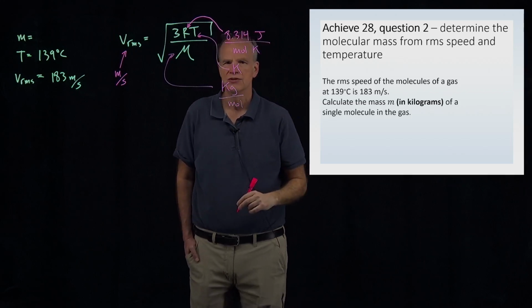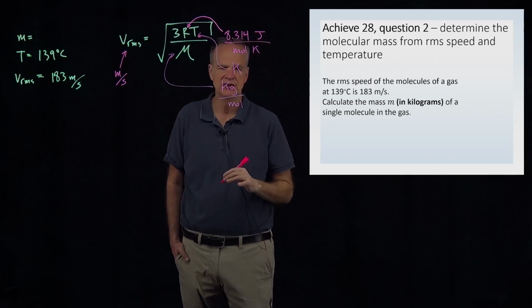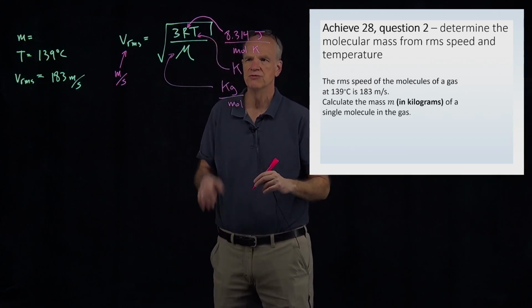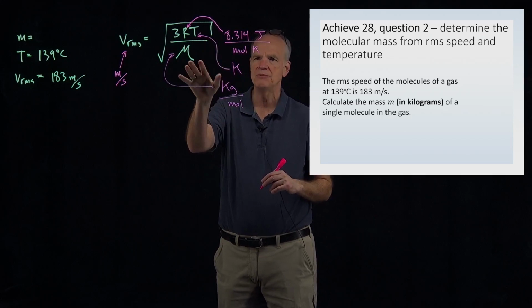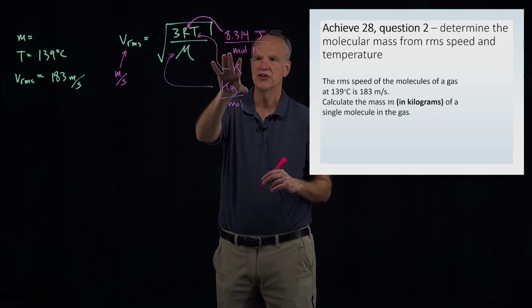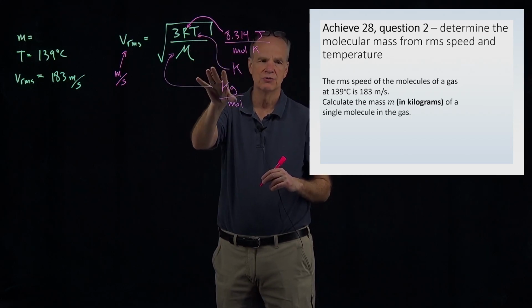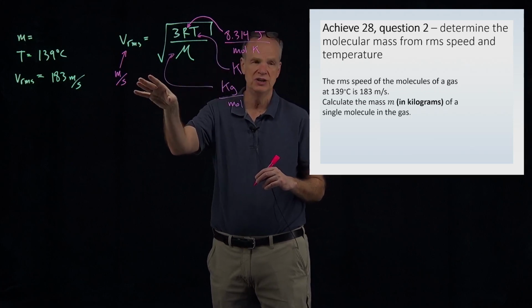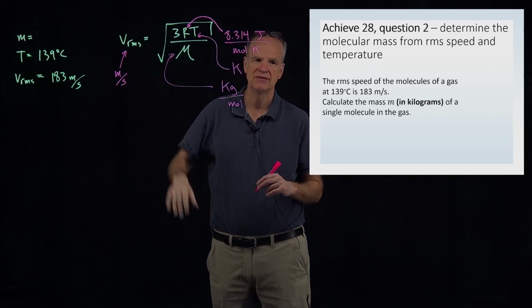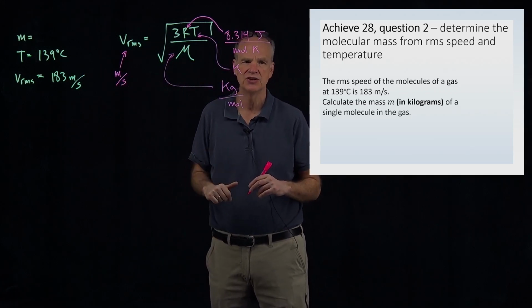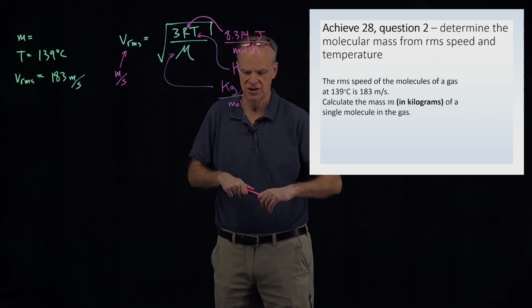I think I have another presentation explaining why the units are the way they are. When the units are set up this way, the right side of the equation will cancel out to meters per second on the left side. If you're curious about that, you can watch it there.